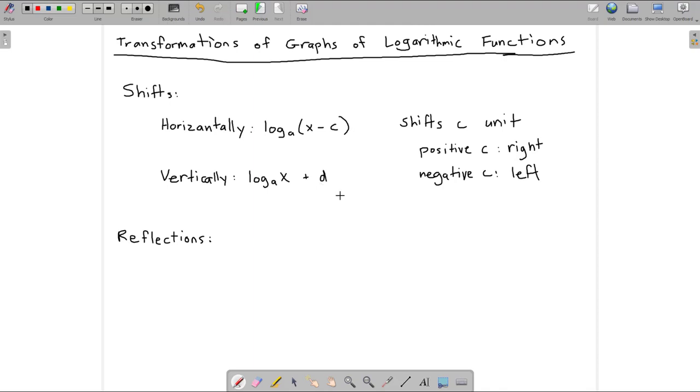Call it d here. So shift d units here too. It'll be up if it's positive d, and likewise, if it's negative d, we'll shift down.